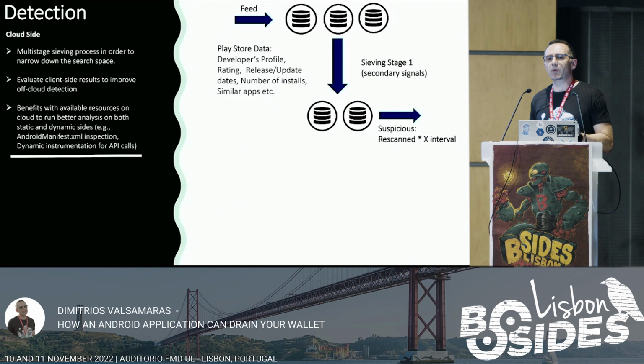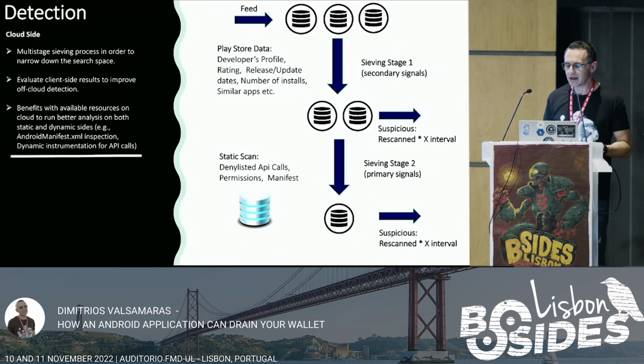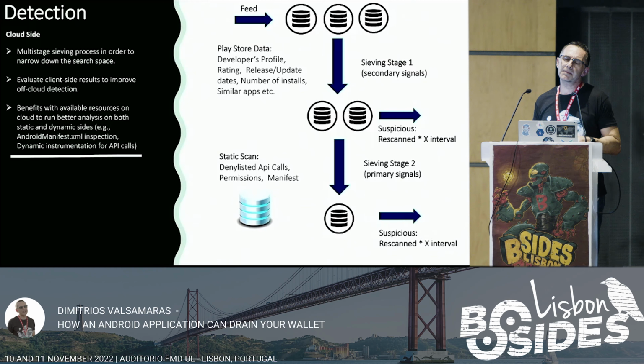And the result at this point is that either the app is going to go on to the next stage, or the app is going to be suspicious and rescanned, or finally it is going to be skipped because we didn't reach a specific threshold of this type of characteristics.